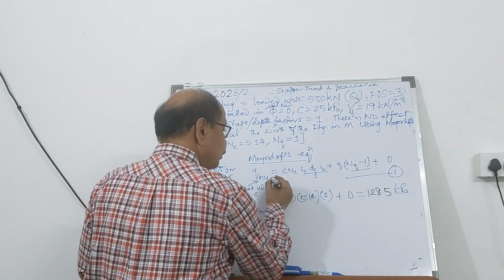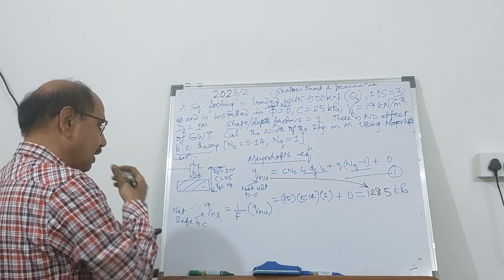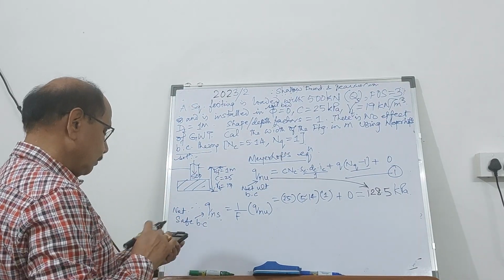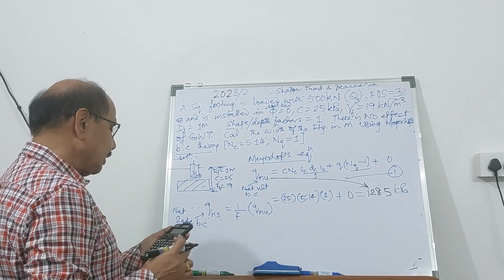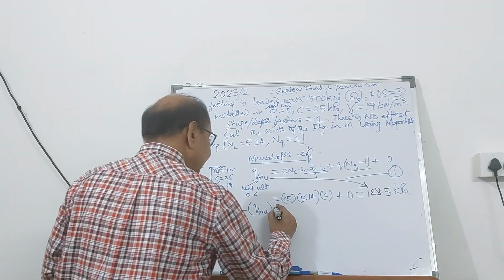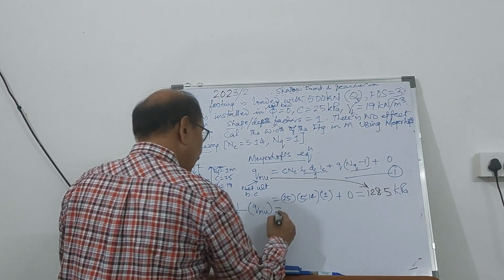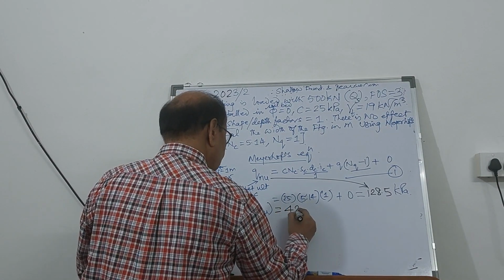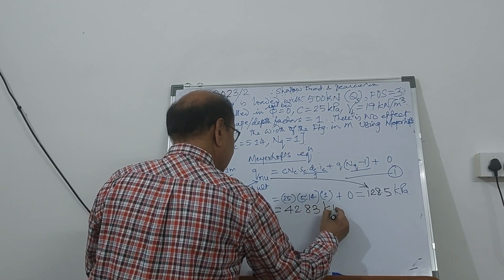This is the value of net ultimate. If I divide it by the factor of safety, which is 3, I get net safe equal to 42.83 kilopascal.